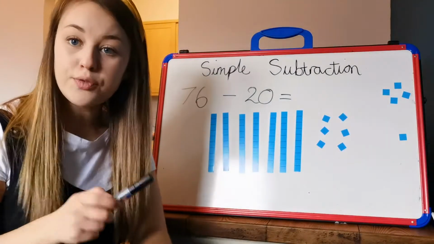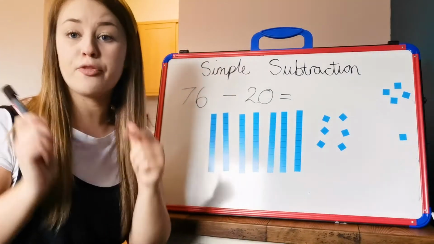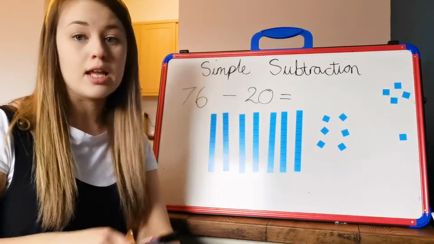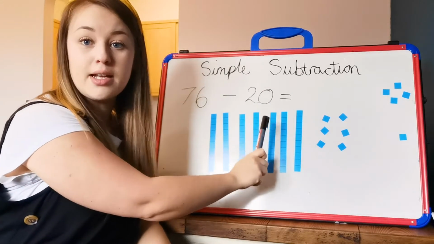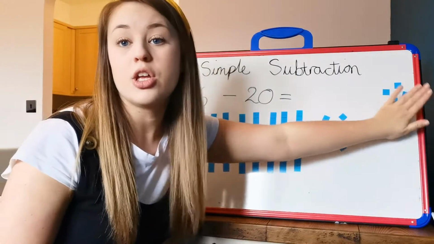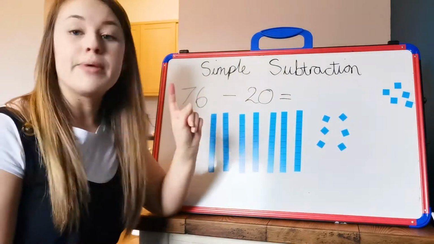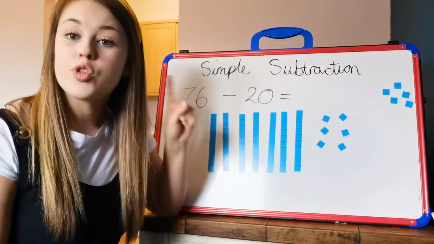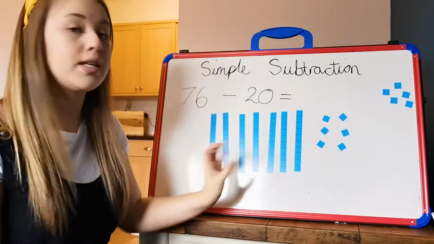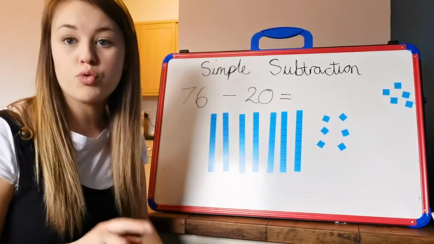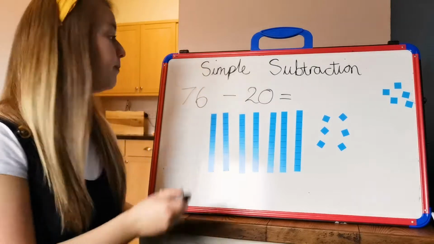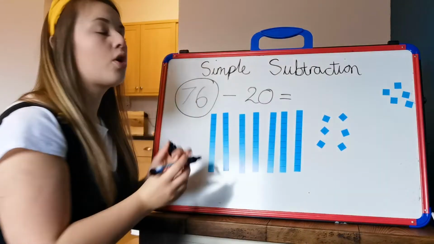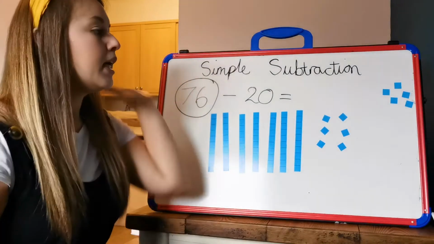Now, the only difference here is that before, when we were adding, we would have drawn the second number. So you would draw 20 to the side. However, because this is take away, the one rule for this method is you only draw the first number. So you only draw your very first number.